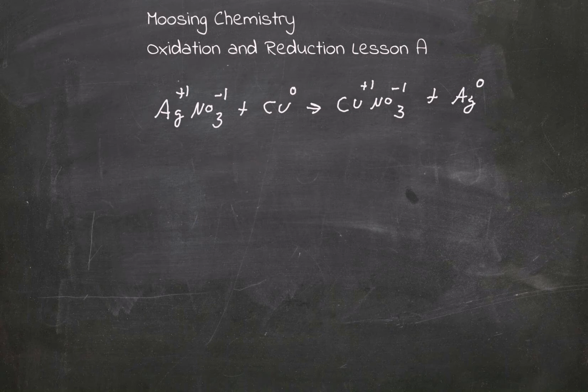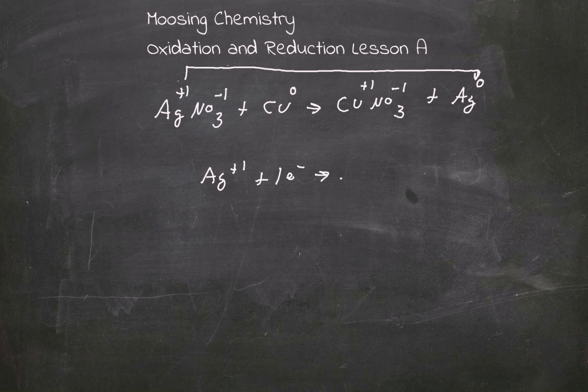Okay, in this case, Ag is going from a plus 1 to a 0. It's gaining an electron to give us Ag 0, which means this one's going to reduce. Okay, remember, Leo the lion goes grr. Lose electrons, oxidize, gain electrons, reduce. Okay, the next one's going to be copper.